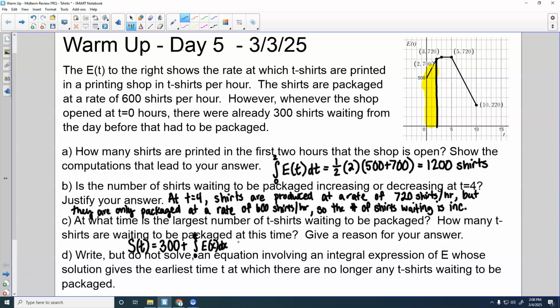Shirts are also being packaged, right? So what should I do for the shirts being packaged? Minus 600 times t, because it's 600 for every hour that has gone by. So that equation gives the number of shirts waiting to be packaged.